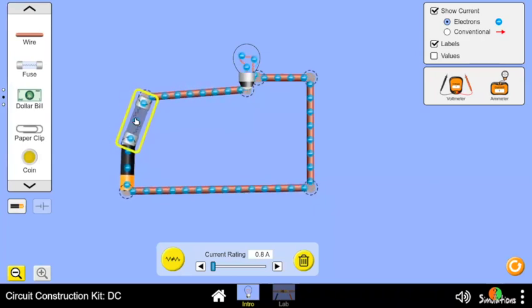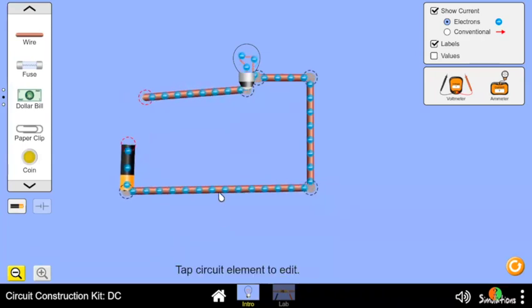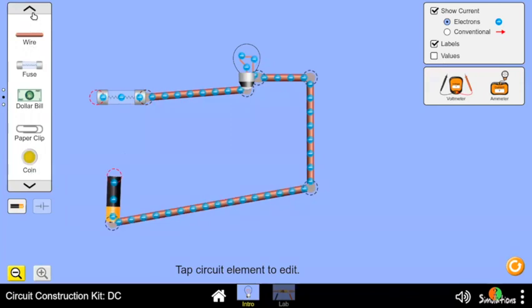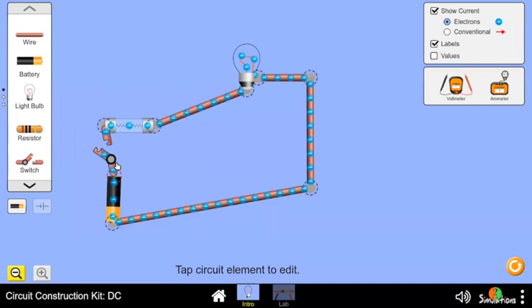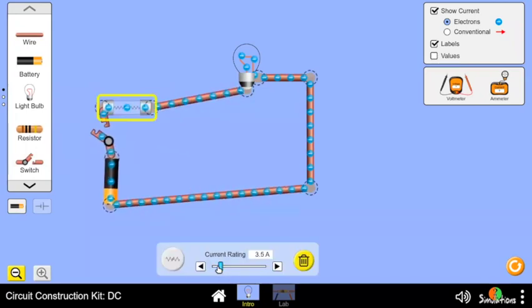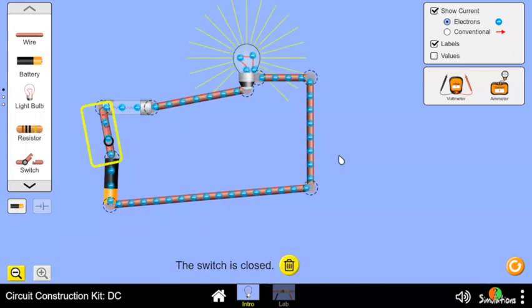Now I cannot take this one, so instead of this, what I do is I take a switch so that I can connect it through the switch. Okay. Now instead of this, I take only 0.9. Okay. Yes, sir. Now this is working.